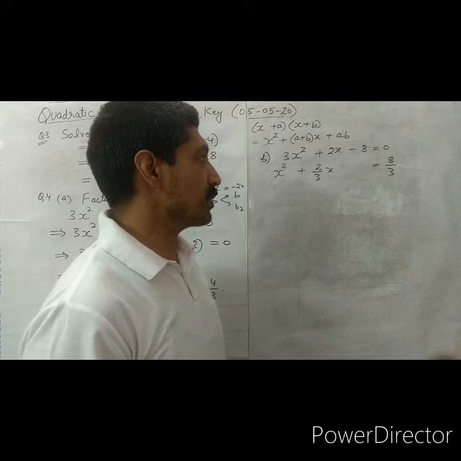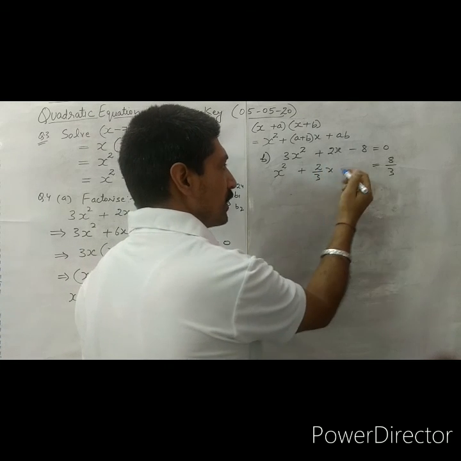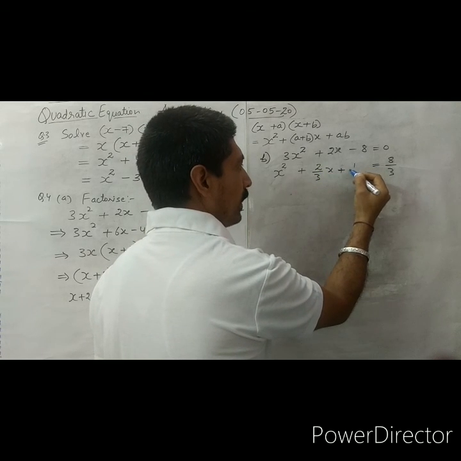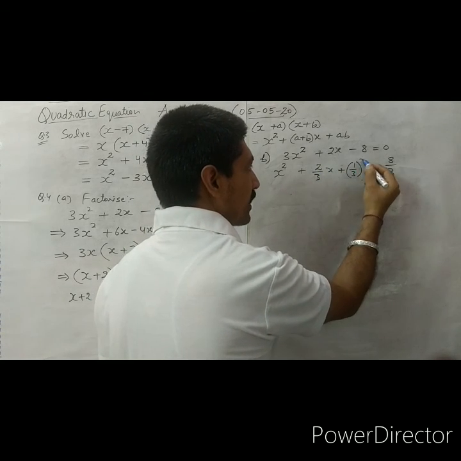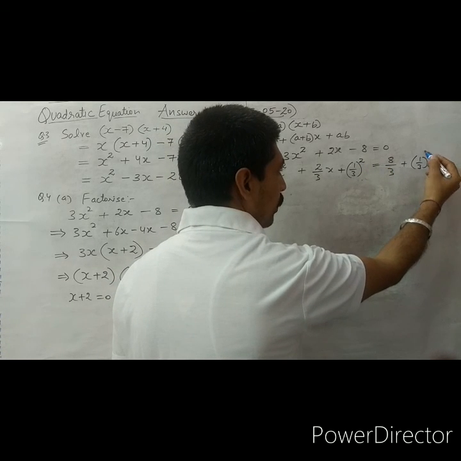Now we will complete the square. Here 2 upon 3, dividing the coefficient by 2, we have 1 by 3 whole square. So we will add this term both sides, that is 1 by 3 whole square.